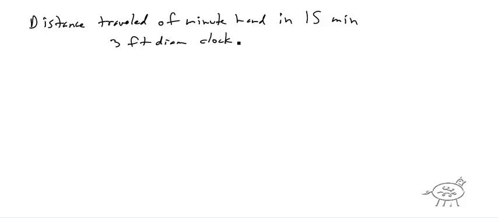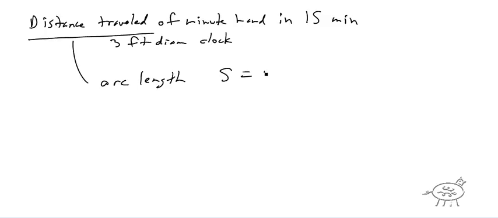If I said distance traveled, math fans, I'm looking for the arc length. You've got to put things together: is it linear velocity, angular velocity, or am I looking for arc length? Distance traveled is arc length. So S equals R theta. S equals R, which is 1.5 feet, and theta needs to be in radians.